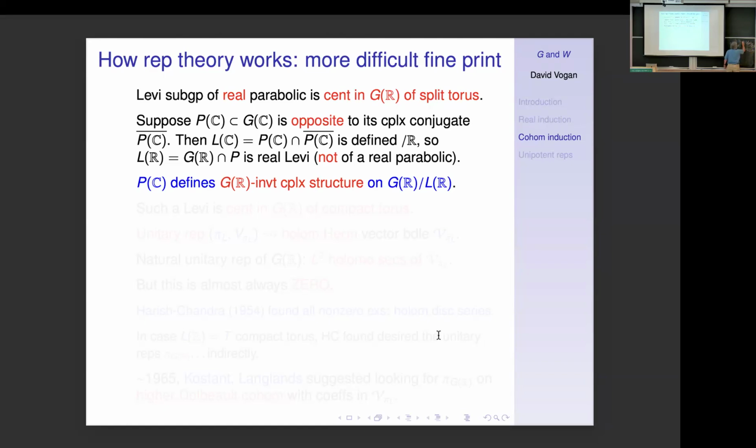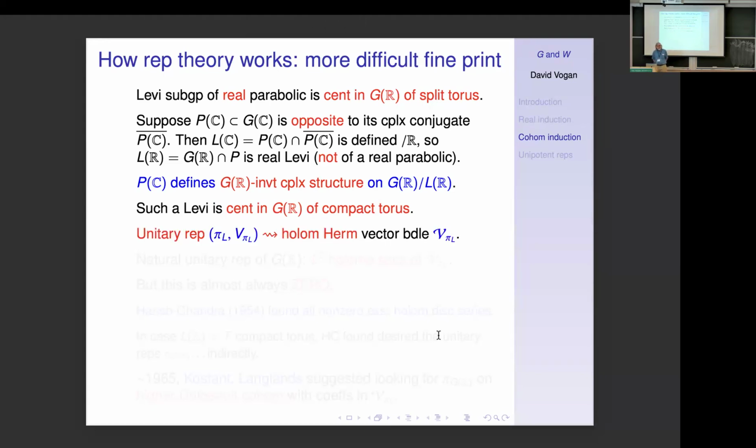And what's obvious is that this is an open subset. So G of R mod L of R becomes an open subset of a complex manifold, so it's a complex manifold. So a Levi subgroup like this is the centralizer in G of R of a compact torus.